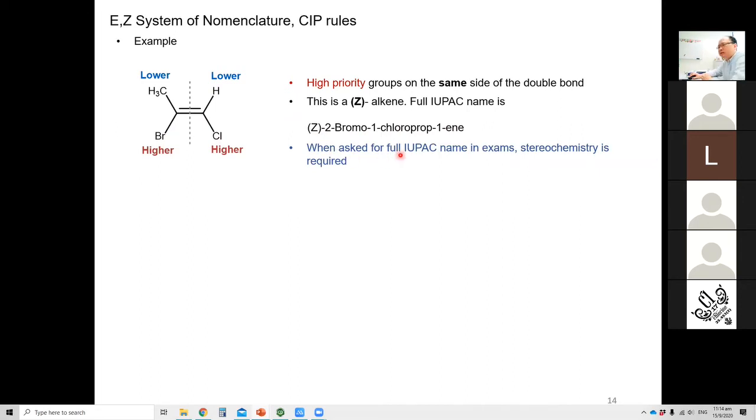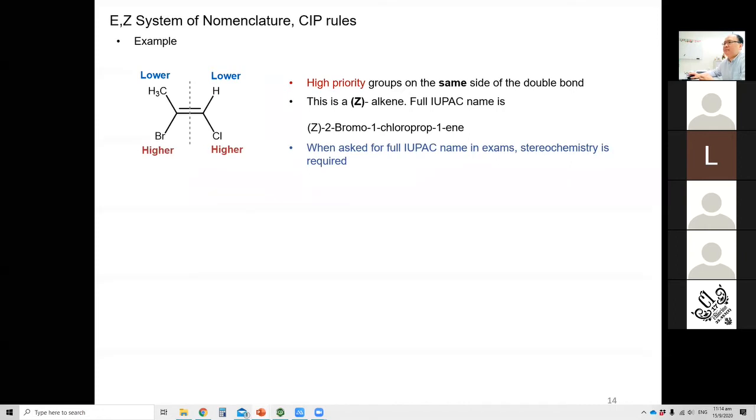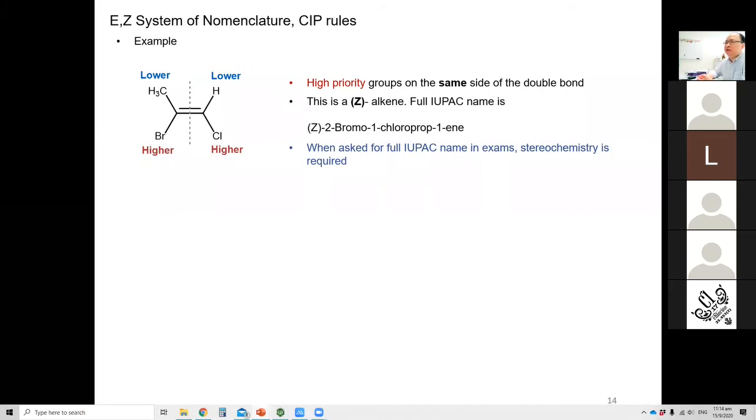Keep this in mind. When you are asked for a full IUPAC name in an exam, stereochemistry is required. If I give you a chiral molecule or an olefin with defined geometry, besides assigning the name 2-bromo-1-chloropropene, you need to give me Z, or R or S for that molecule, or cis-trans if it's disubstituted, or if it has a ring structure with both substituents on the same side, you need to give me cis.